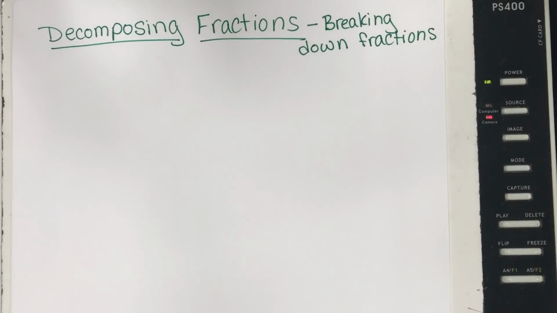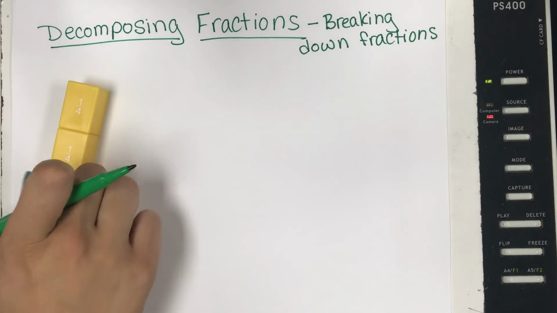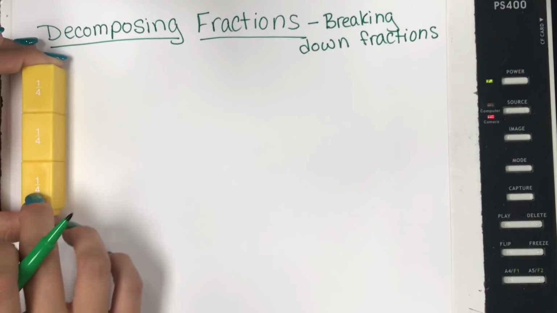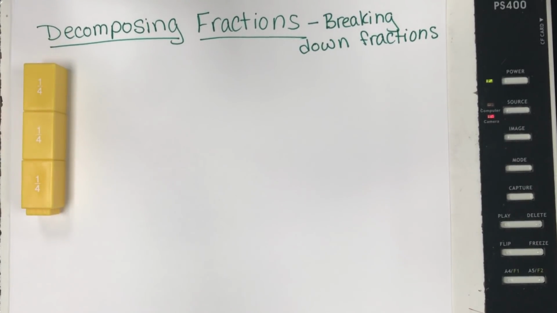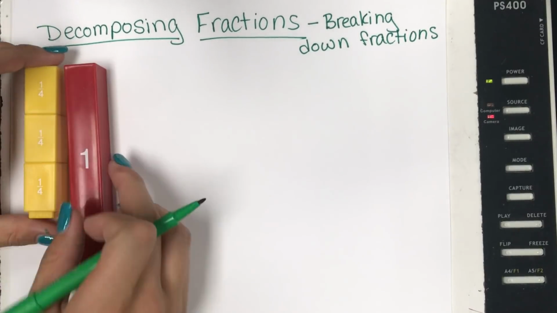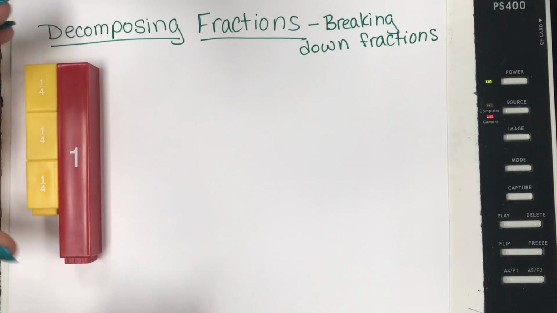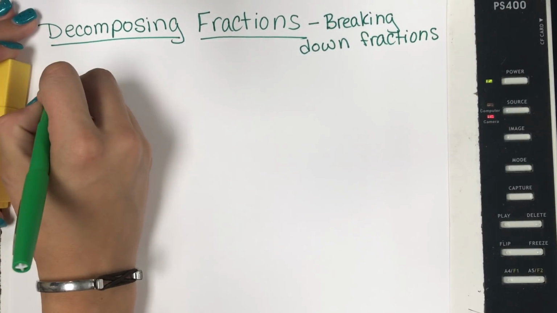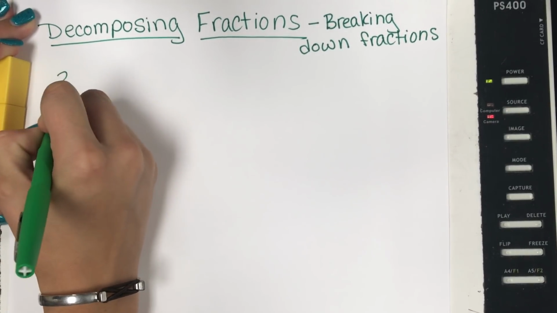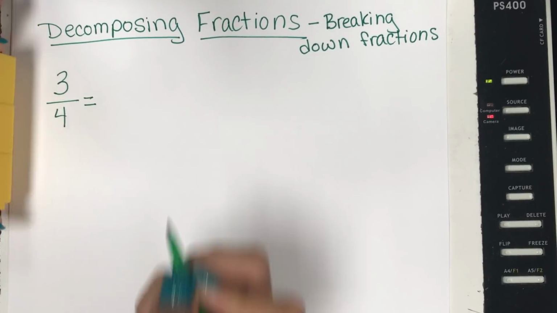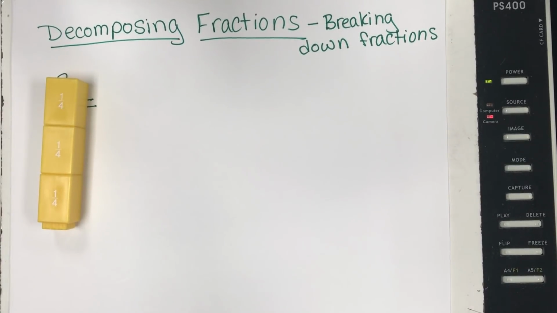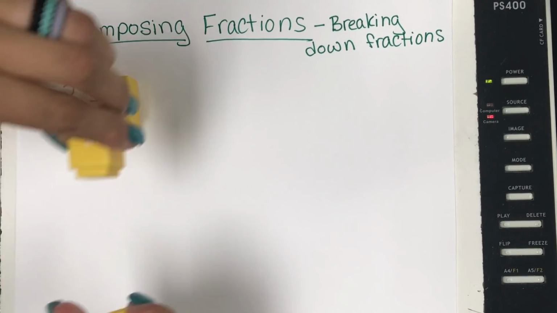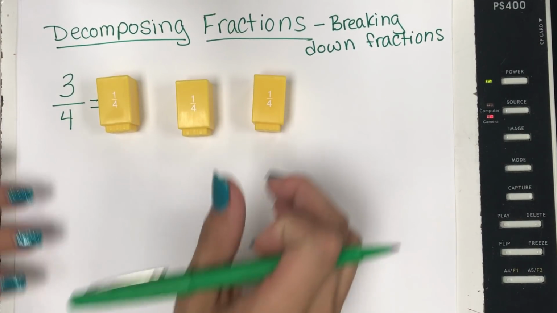Okay, so if I start with the fraction 3/4, I have 3 1/4 pieces, so here's my 1, but I'm missing one of those fourths, so this is the fraction 3/4. I'm going to think about being able to break that into pieces. I can take it and have 1/4 plus 1/4 plus 1/4.